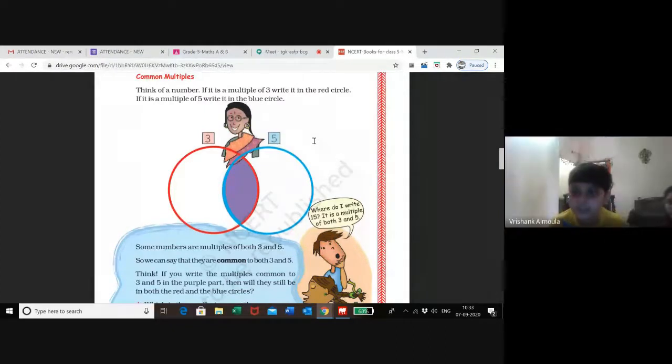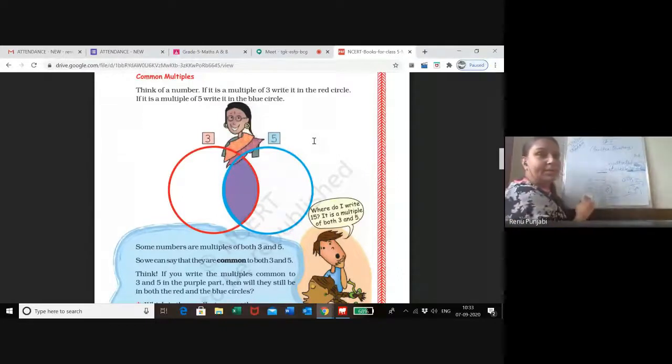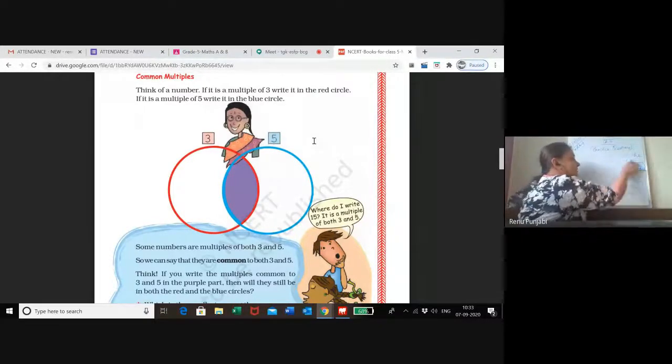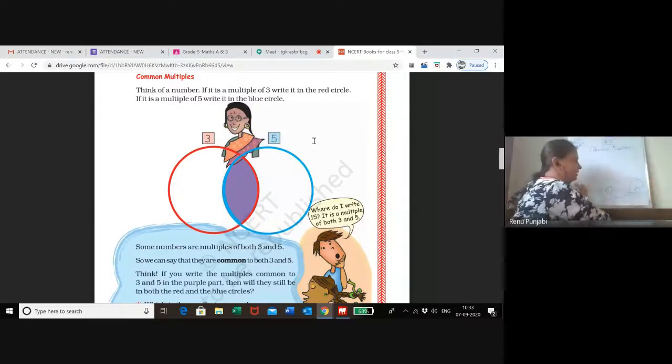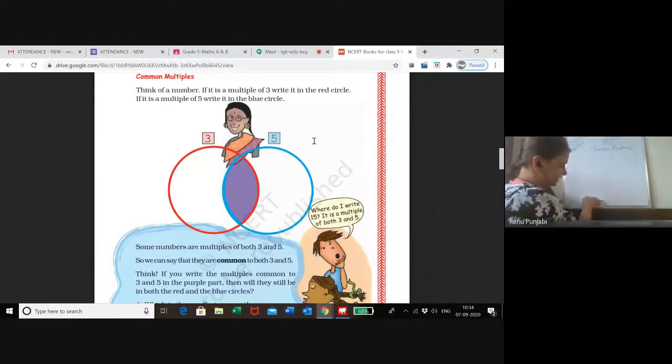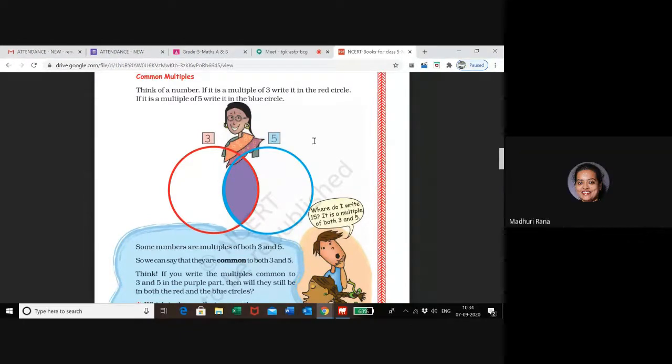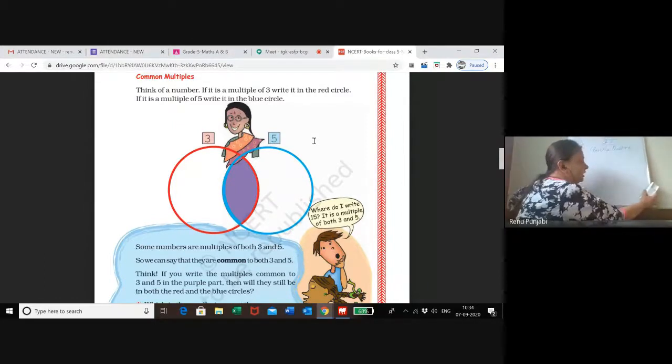Ma'am, I cannot see the sharing. You cannot see my presentation screen? You go to my present screen. There are 2 screens in your people's column. Prashant, you go to the people's column.